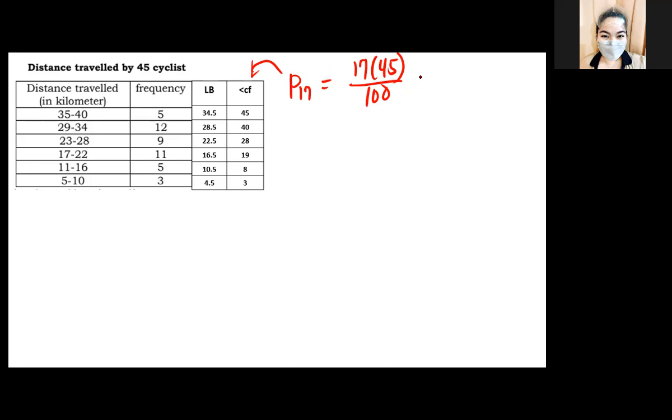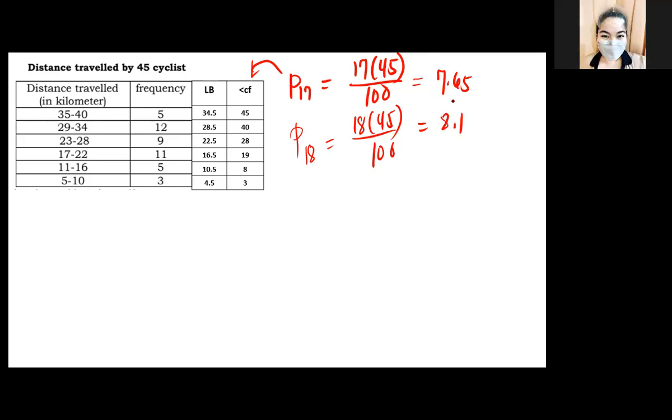Anong sagot? 7.65. So, saan siya included? Dapat pala nag-18 ako, no? Try na natin pag P sub 18. So, 18 times 45 divided by 100. 8.1.